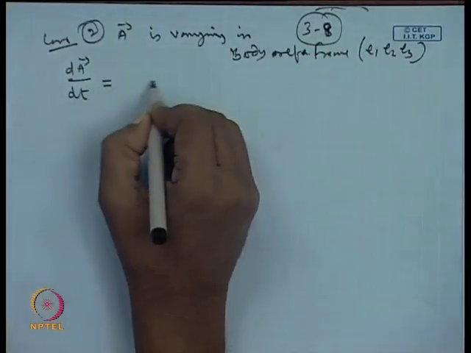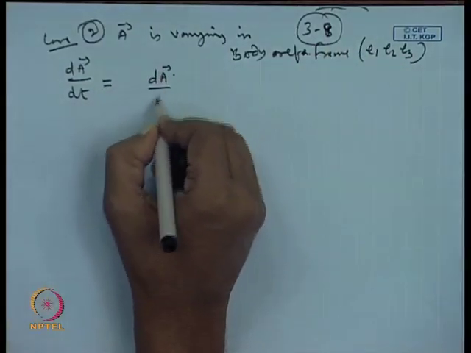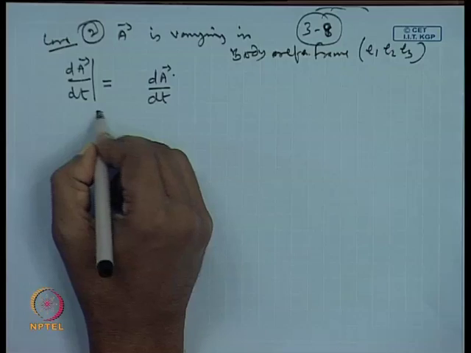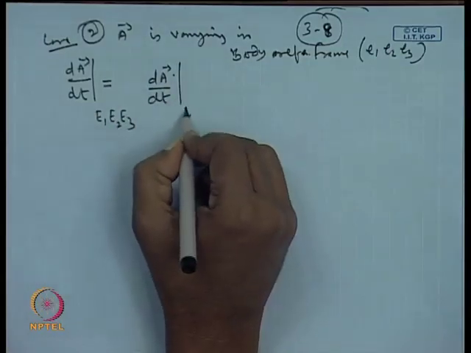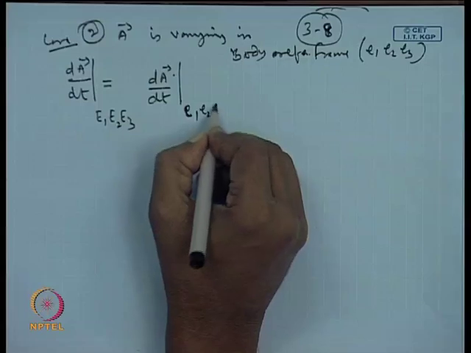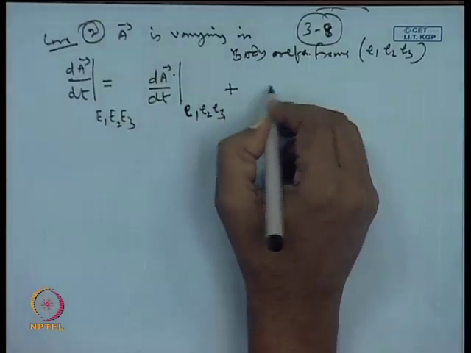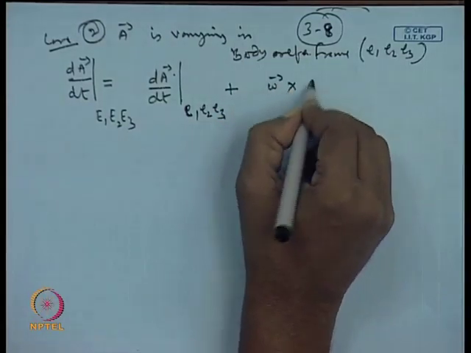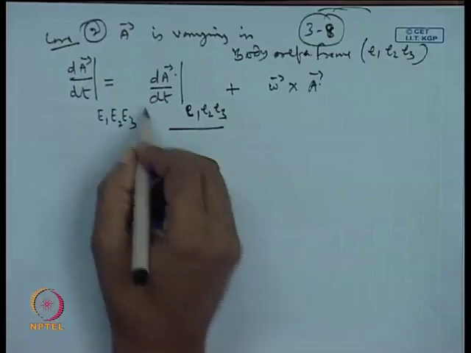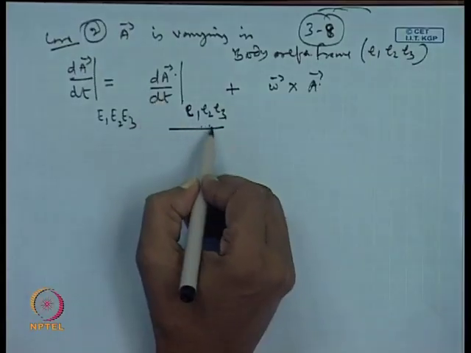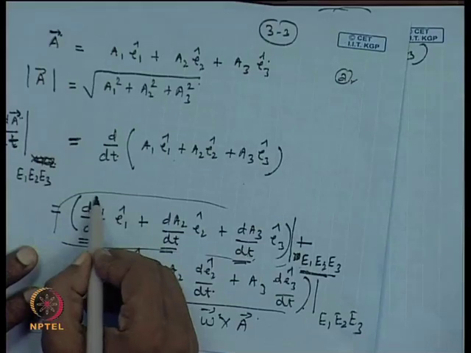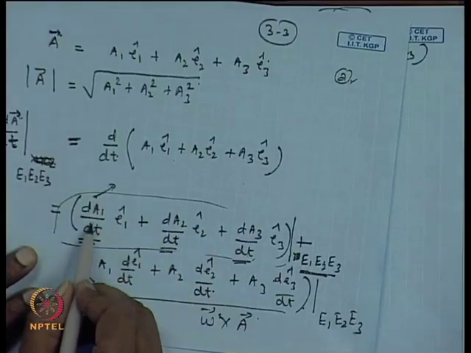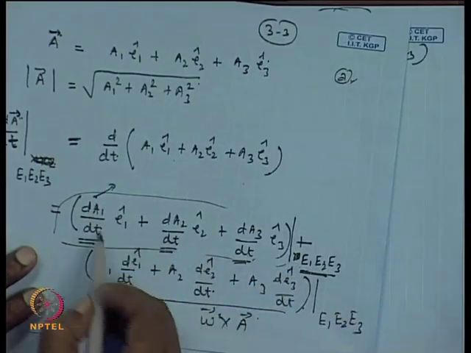So, here in this case we can write dA by dt with respect to the small E1, E2, E3 plus omega cross A. In this case, the rate of change appears from the E1, E2, E3 reference frame. So, in the case where the vector A is changing in magnitude, its components are changing.